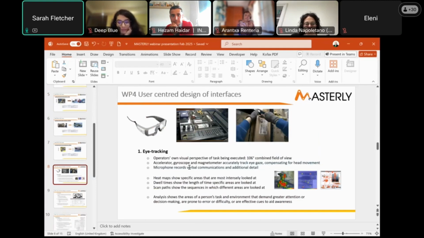So we get a very accurate video recording, but also a microphone recording the verbal communications, which gives us additional detail. This gives us various outputs, including those examples that I put there in the small pictures.